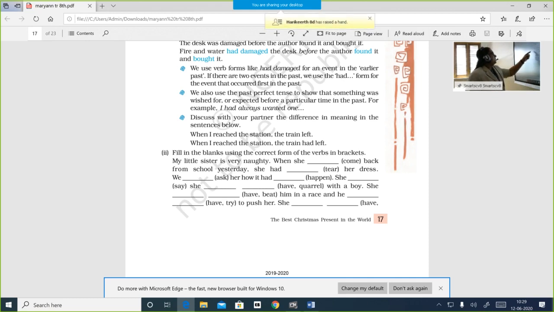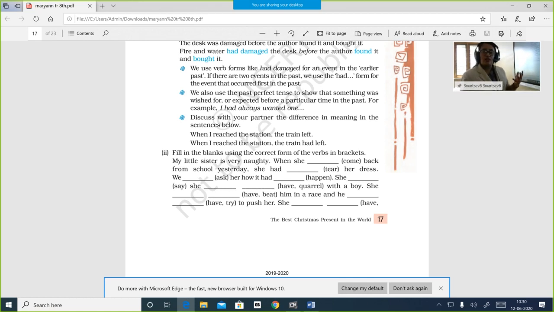In the second sentence, the first action happened early, and it gets past perfect. The train had left when I reached the station. I hope all of you understood. We will do many more exercises which will make you thorough with past perfect.